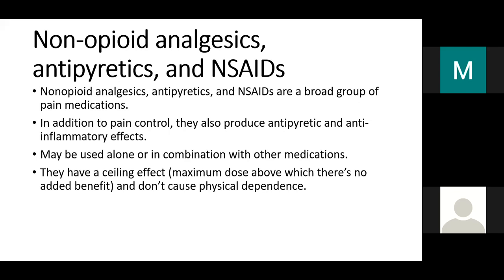So we talked about inflammation, the fact that when there's inflammation, there is pain, there's reddening, there's swelling, there is heat or fever. And so these anti-inflammatories will control these components of the inflammatory effects.